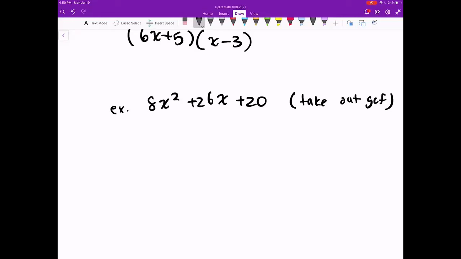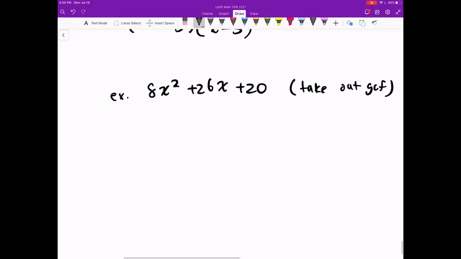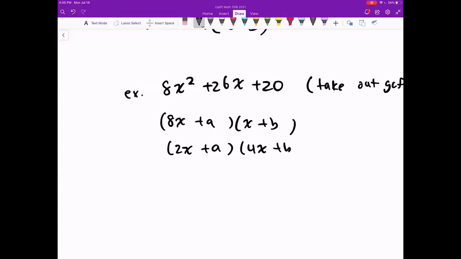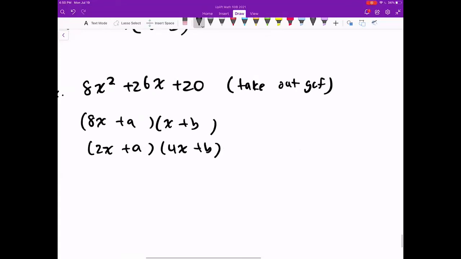Okay, I'm assuming you guys all have tried it out. So now we'll find the solution. It's either 8x times 1x or it's 2x times 4x. In our first case, we have 8b plus 1a.